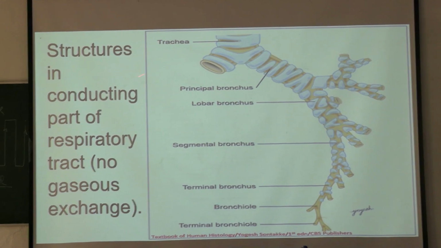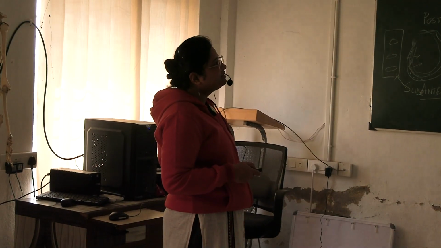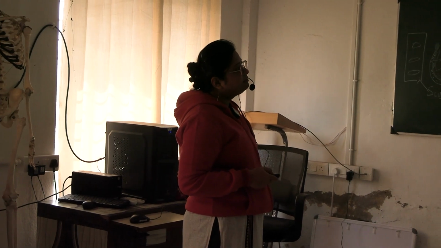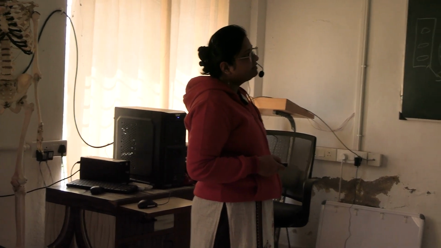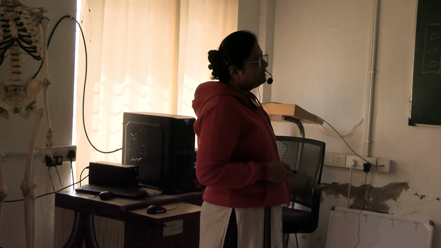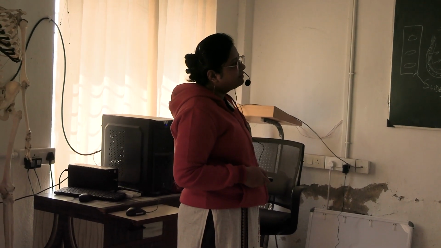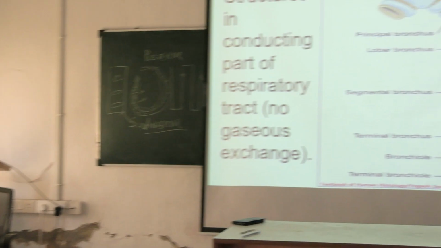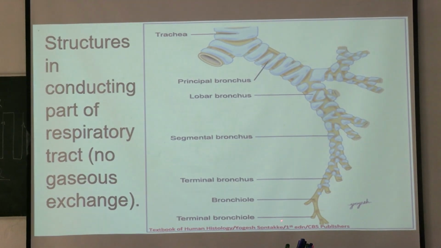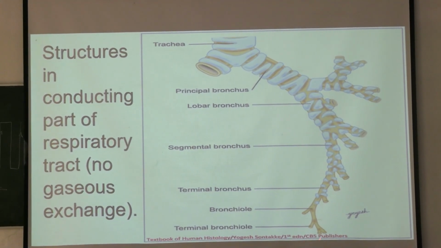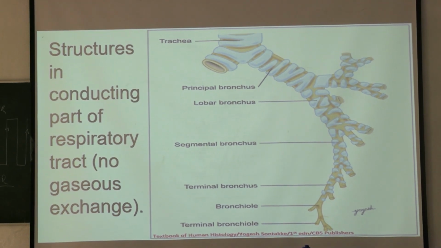Okay. See the division: trachea, two principal bronchi, secondary bronchi or lobar bronchi, segmental or tertiary bronchi, multiple divisions up to terminal bronchiole, and after that bronchioles have no cartilage. Up to terminal bronchiole it is conducting part, rest of the part is respiratory part.